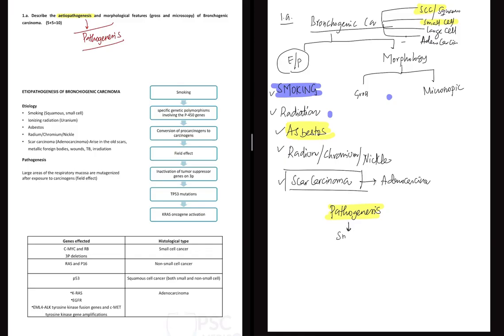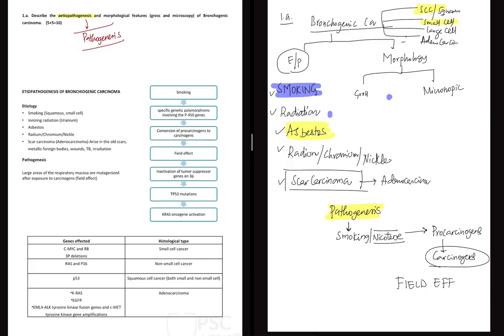how smoking causes cancer. So smoking contains nicotine. Along with that, there are other carcinogens which are present in the smoke. Once we inhale these pro-carcinogens in the smoke, they get converted into final carcinogens. And these carcinogens produce a specific effect known as field effect.